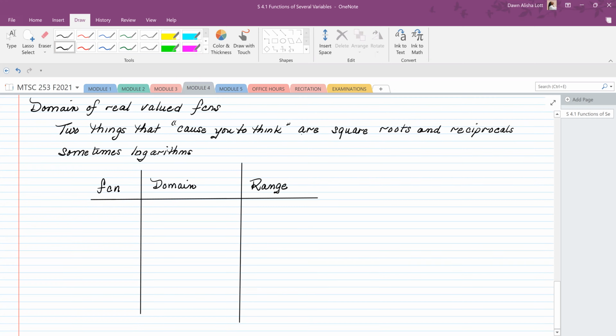So let's look at something like W is the square root of y minus x squared. Clearly it's a square root, so y minus x squared has to be greater than or equal to 0. So y is greater than or equal to x squared. So that's the inside of a parabola.